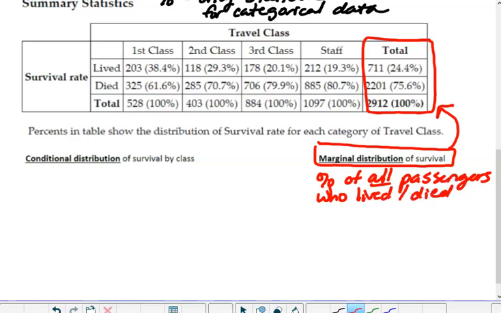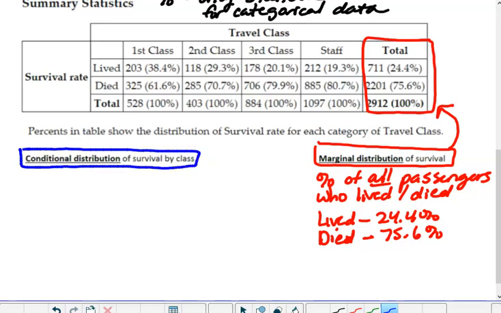That is the marginal distribution right there. It just tells us 24.4% lived, 75.6% died.